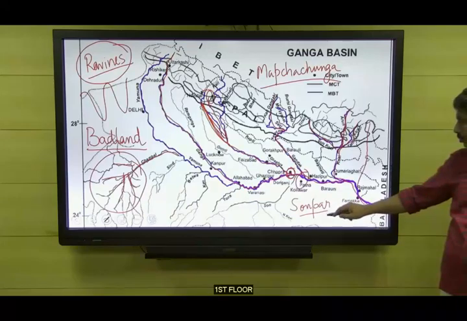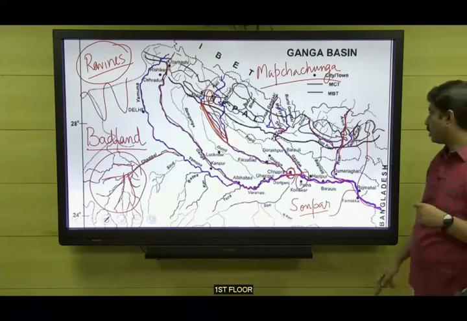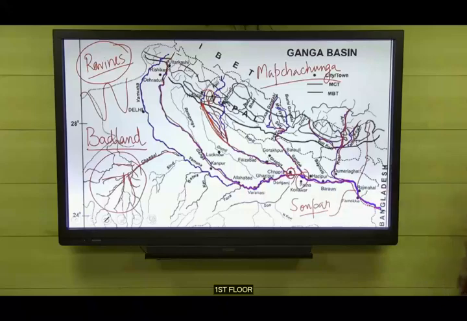Mahananda is from the south, a right hand tributary. It joins Ganga near Kannauj in UP. They are the smaller branches.